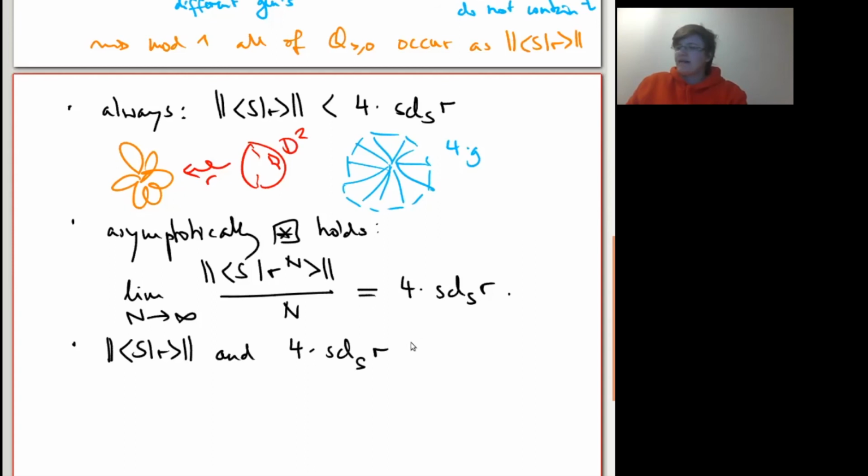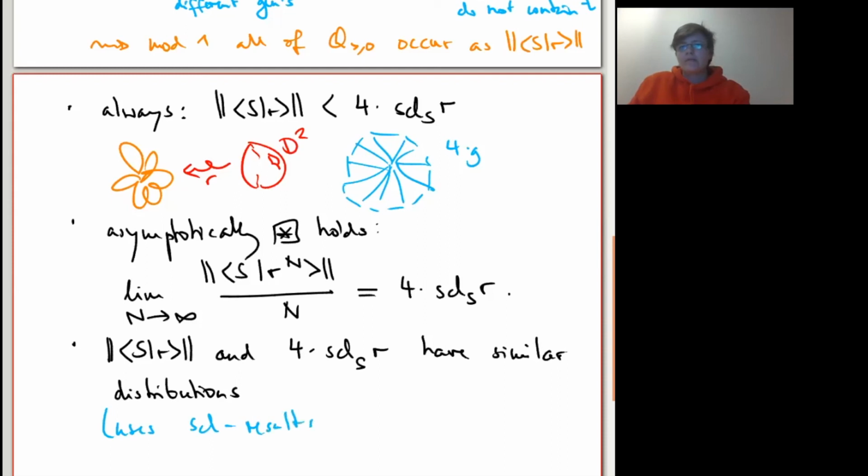So they have similar distributions, meaning that if you look at random relators, with high probability you get things that are very close to each other. Okay, so this uses the corresponding SCL results by Calegari and Walker.